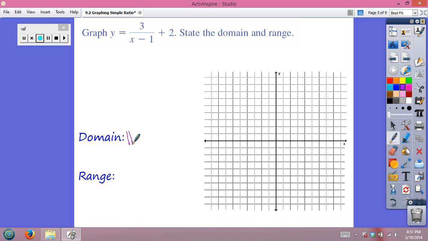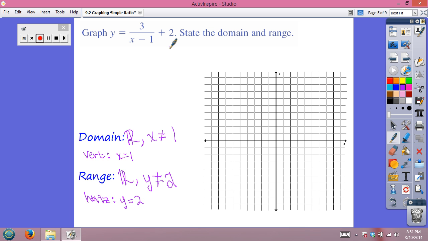So we know our domain is all real numbers except x can't equal 1. And the range will be all real numbers except y can't equal our k value, which is 2 in this case. So our vertical asymptote is going to be at the line x equals 1, and our horizontal asymptote will be at the line y equals 2.